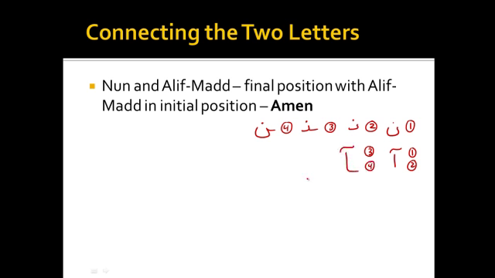So we have Ameen, Ameen. So you hear the hamza at the beginning, and then a long vowel alif. So that hamza followed by a long vowel alif, that is the mad, and we write it as one letter. Okay, so you hear that's an Alif-Madd.